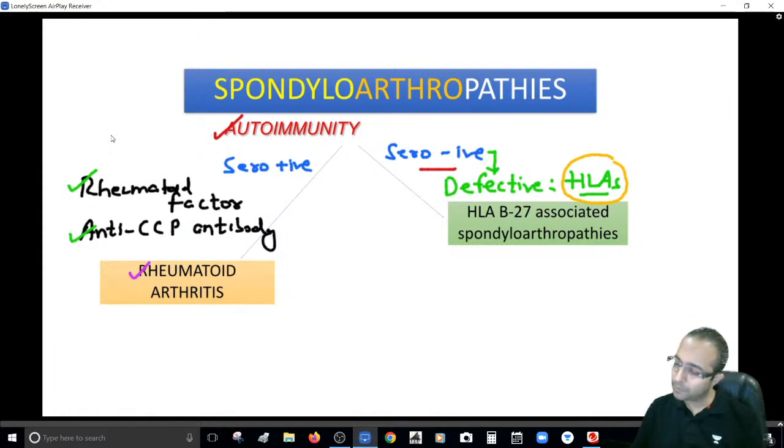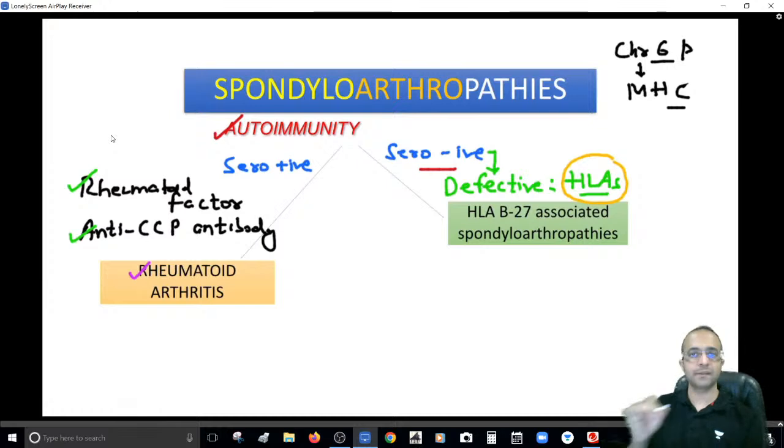So guys, on the short arm of chromosome 6, the P arm, you have a gene complex called the major histocompatibility complex, MHC. This major histocompatibility complex encodes a set of proteins, because that's what a gene would do, it would code for proteins.